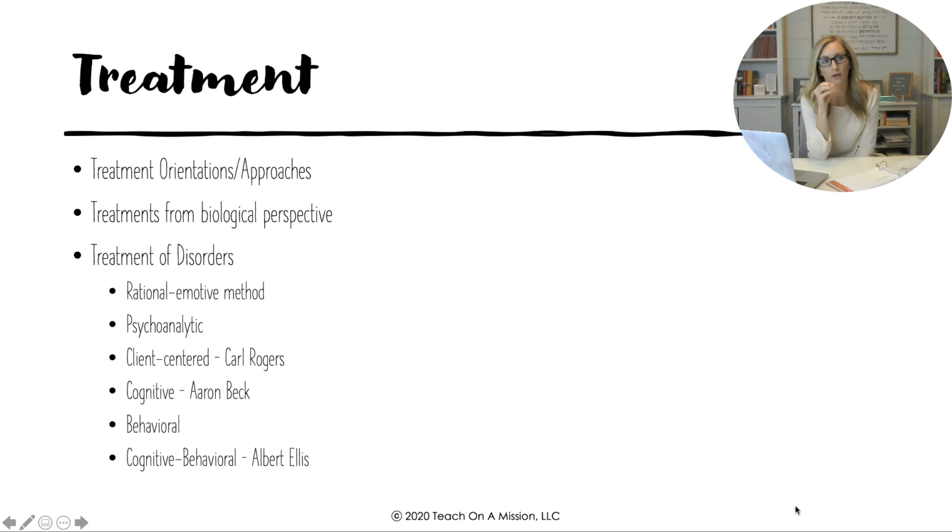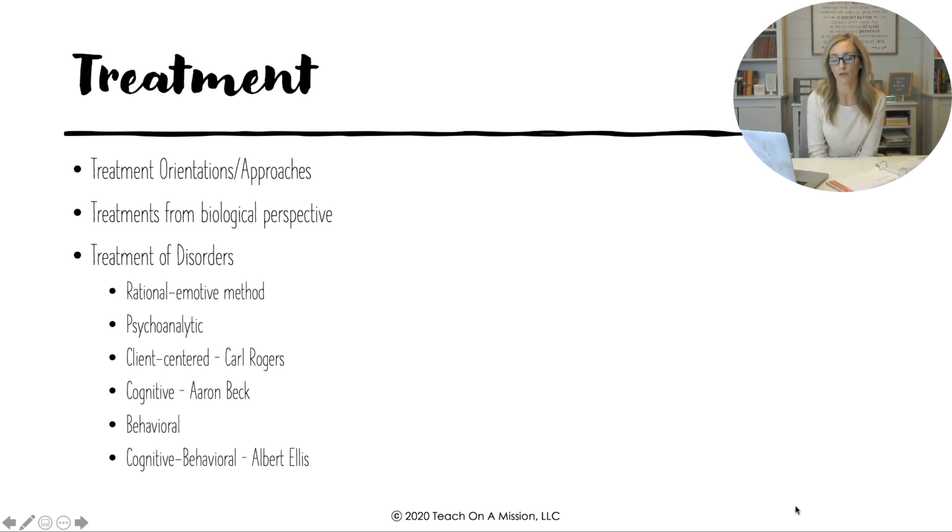Treatment, so huge. Making sure you understand kind of what we talked about at the beginning and how behaviorists would treat disordered behavior, right? And that they're going to treat it with classical and operant conditioning, how a psychoanalyst would treat it. So they're going to do that with talk therapy, and they're going to look for things like transference and resistance, okay? Those sorts of things. Lots of review to do there, so make sure you look into it.